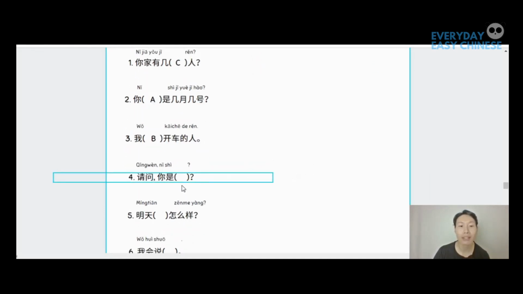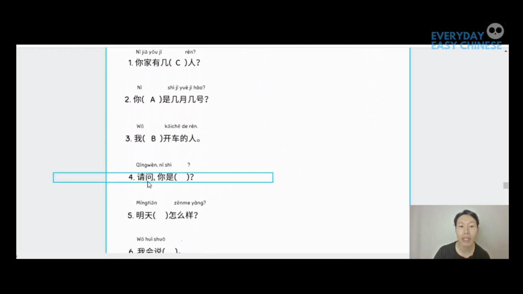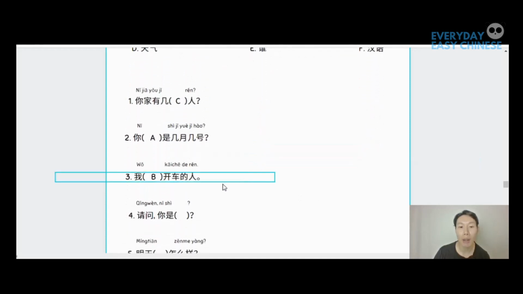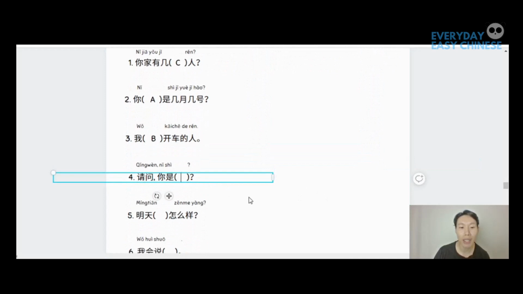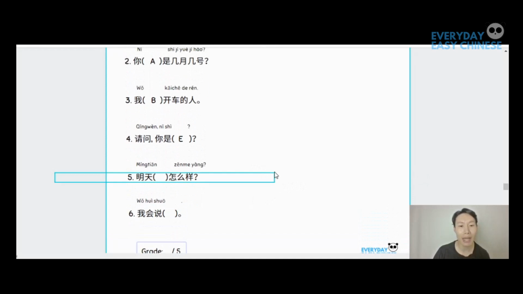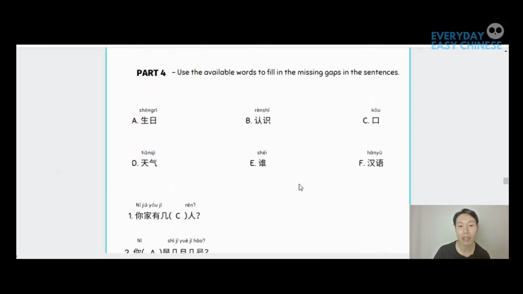Number 4. 请问你是 means you are and there's a question. So 谁 means who. So excuse me, who are you? 请问你是谁? Number 5. 明天怎么样?